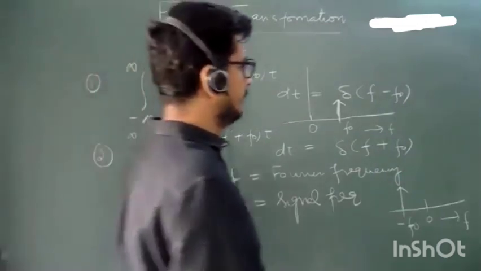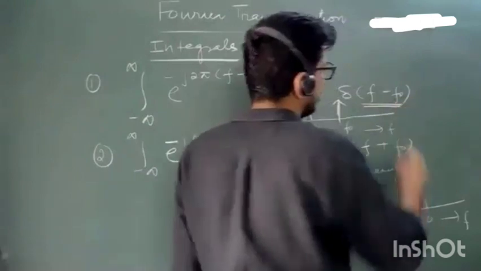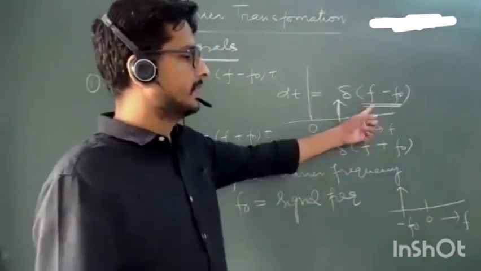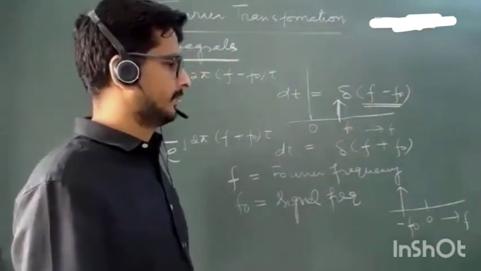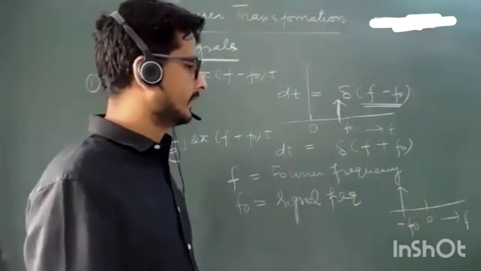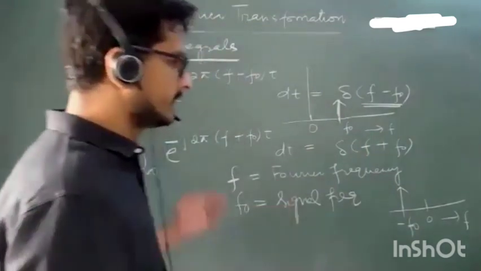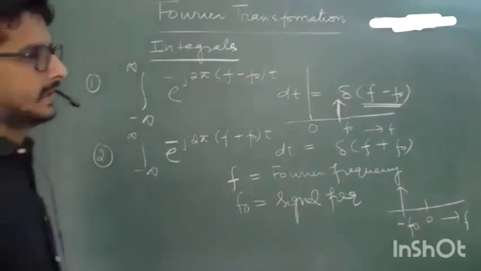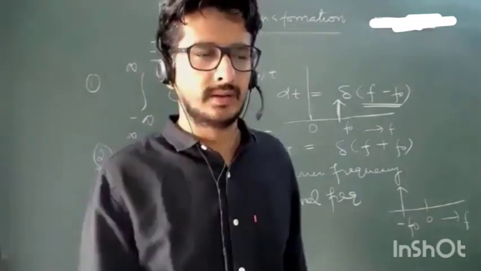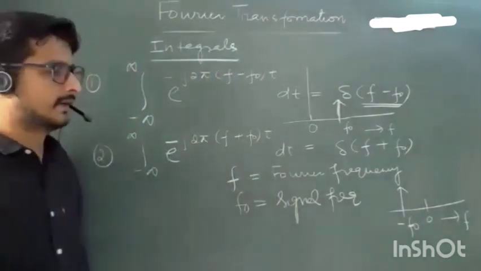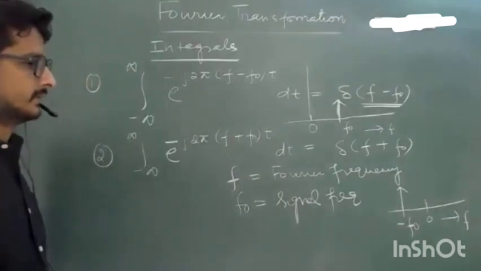I told you that you can get the location of the delta function by putting the argument equal to 0. That will be the location of the delta function. So for this Fourier transformation also, the delta function will be very, very important. You must know the properties of the delta function that I have told you.